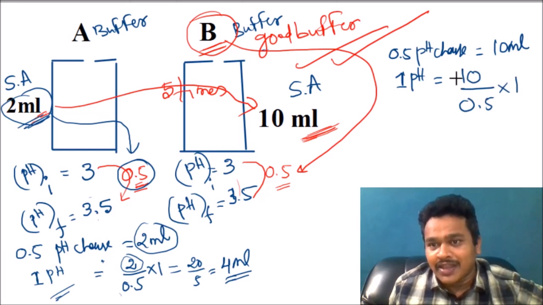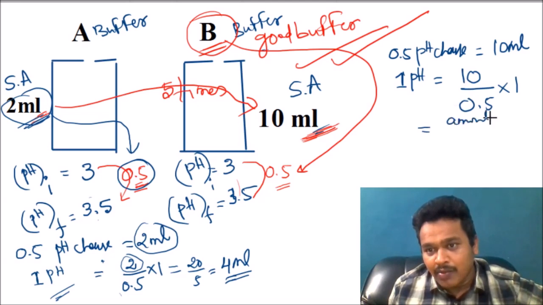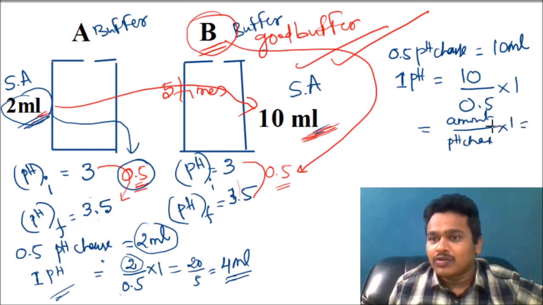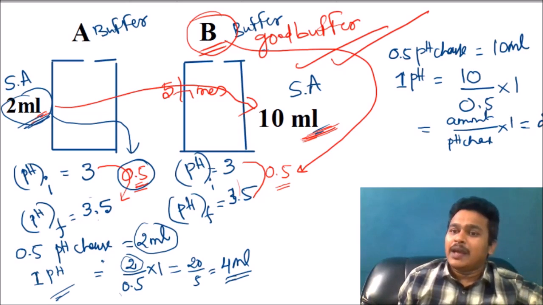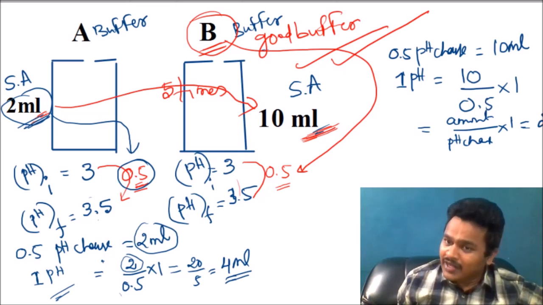What is the 10 here? 10 is the amount. What is the 0.5? Nothing but the pH change, into 1. I will do the calculation here. 100 by 5, that means it is coming as 20. You calculate 20. Here the buffer index will be 20.